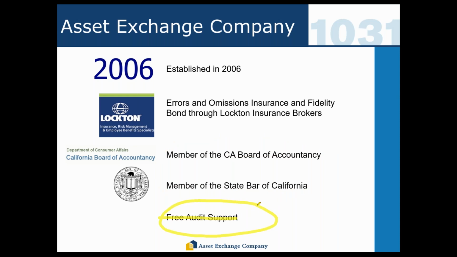So if you were to, say, go with a different 1031 exchange accommodator and your transaction is ever audited by the IRS, more than likely you would have to go out and hire a very expensive tax attorney to represent you in tax court, and hopefully they know a lot about the 1031 exchange. However, more than likely, they would not know as much about 1031s as we do, simply because this is something that we deal with every single day and have done thousands and thousands of transactions for.